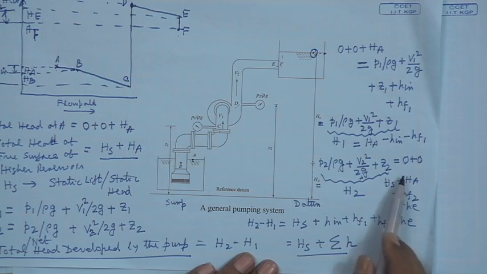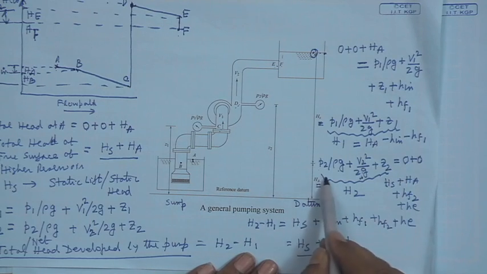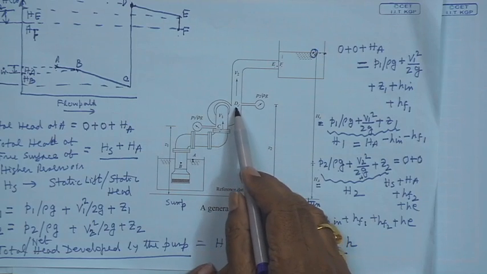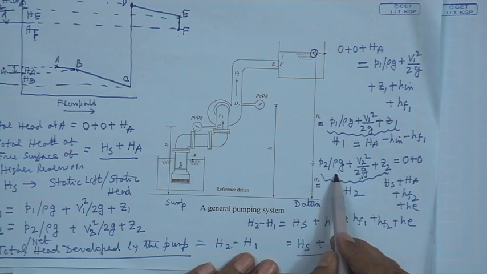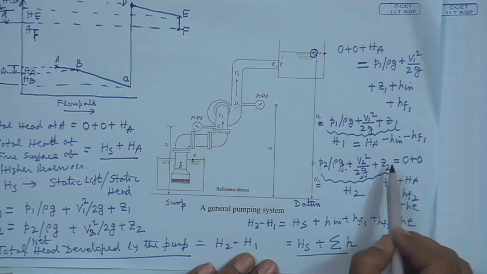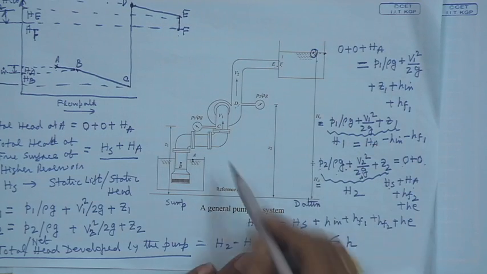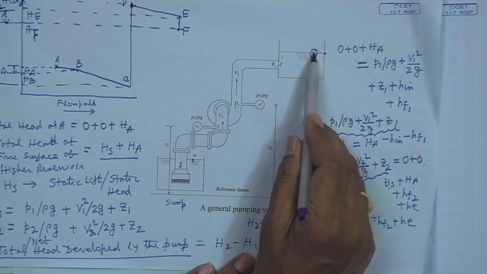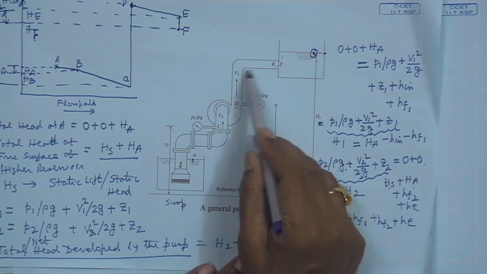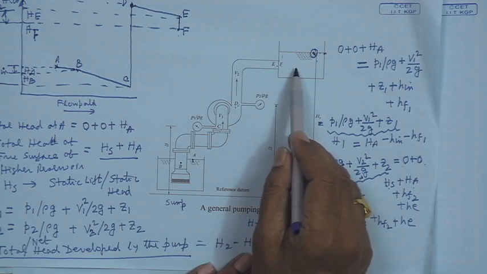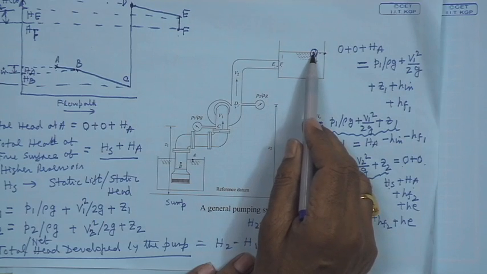Now, here again I repeat, there was a mistake that the Bernoulli's equation, if I write here the total head, total energy per unit weight P2 by rho g plus V2 square by 2g plus Z2, and here 0 plus Hs plus Ha is the potential head plus all the losses that have taken place in course of flow up to this point.